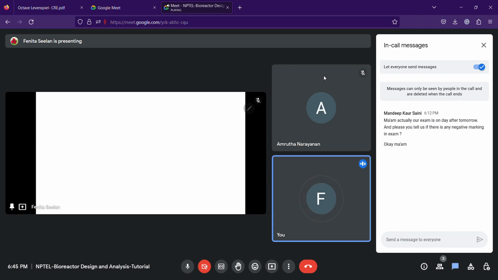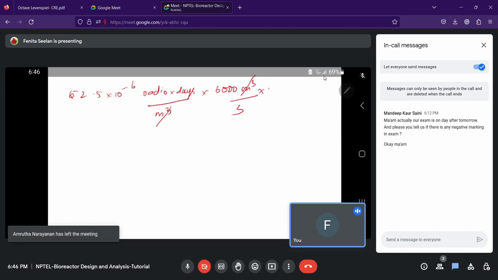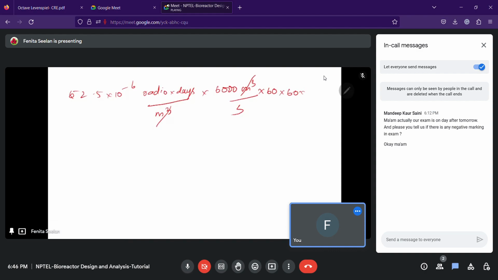So 52.5 into 10 power of minus 6 radioactivity into days divided by meter cube into your flow rate, which is 6000 meter cube per second. This will get cancelled. Instead of seconds, how do you convert it into days? 60 into 60 into 24, seconds, minutes, and hours.